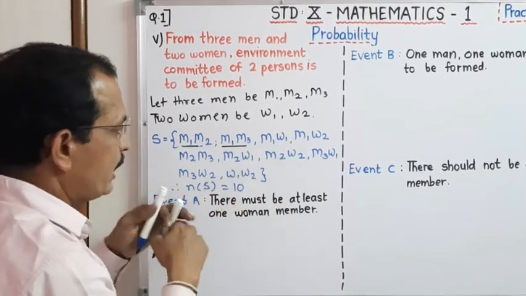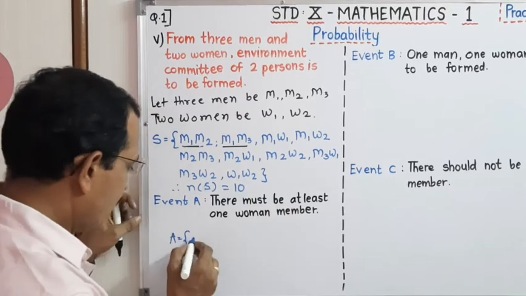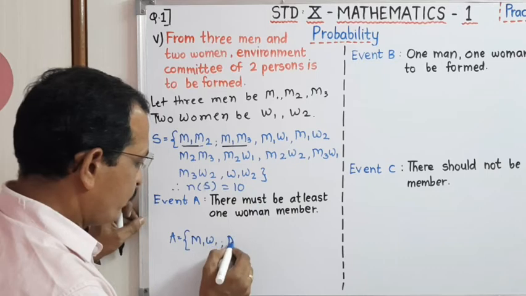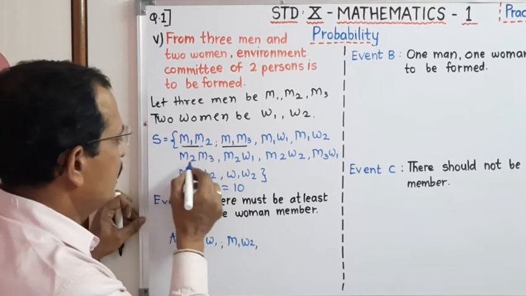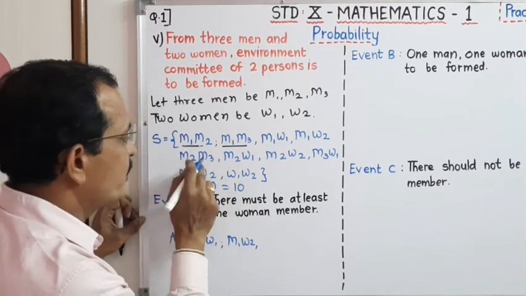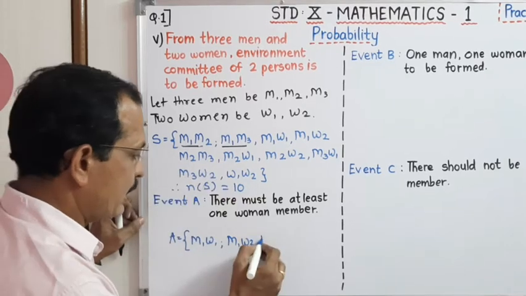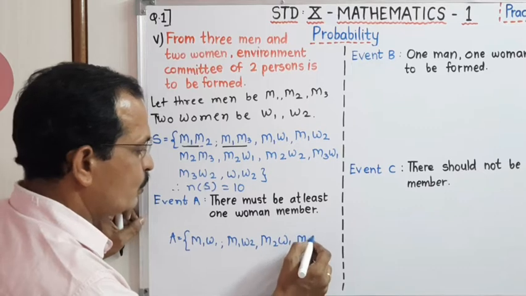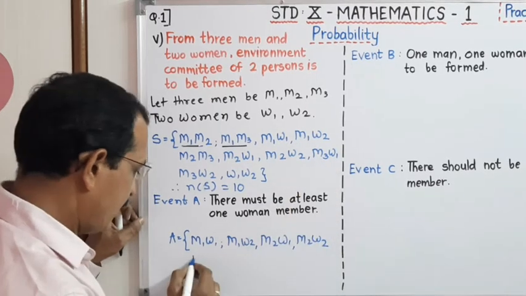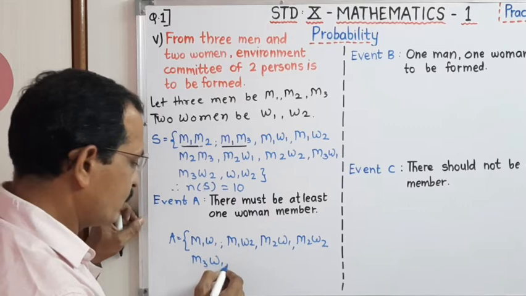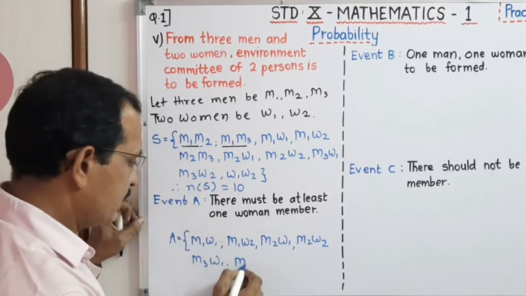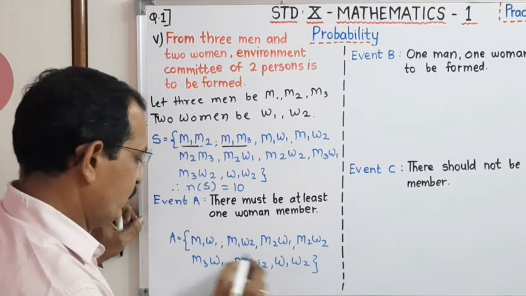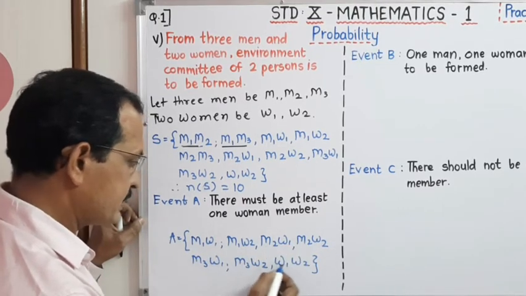Therefore we have to write M1 W1, M1 W2, M2 M3 has 2 men and no woman, so omit it. Then M2 with W1, M2 with W2, M3 with W1, M3 with W2 and W1 W2. 1, 2, 3, 4, 5, 6, 7.